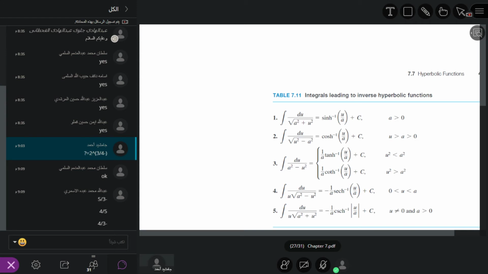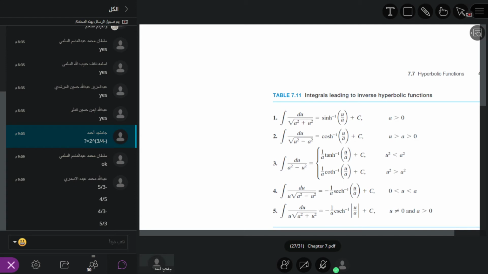Cotan is 5 by 3. Similarly, we have cosine minus 5 by 4, so sec is minus 4 by 5. But the cosec will be the same, which is minus 4 by 3.